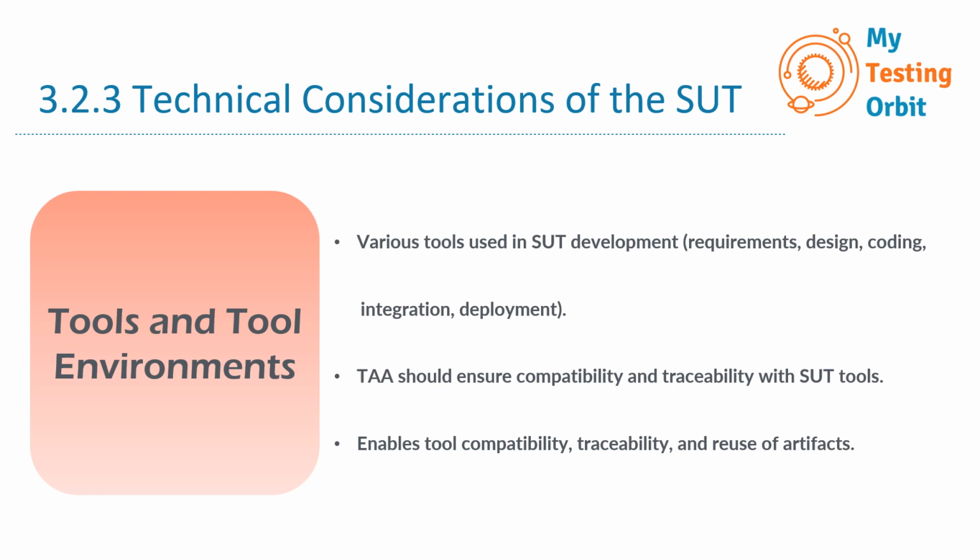To make sure everything works well together, it's essential for our TAA to match up with the tools used in the system under test. This means making sure that the tools can work together, keeping track of what we have done and using helpful pieces of work we have done before. By paying close attention to how the SUT and TAA tools fit together, we can improve the accuracy and efficiency of our testing process, making it more organized and connected.